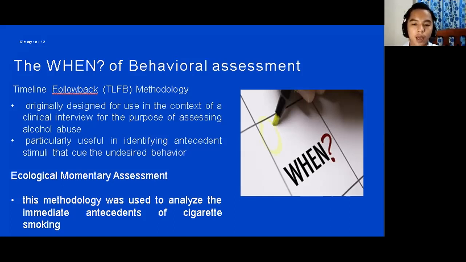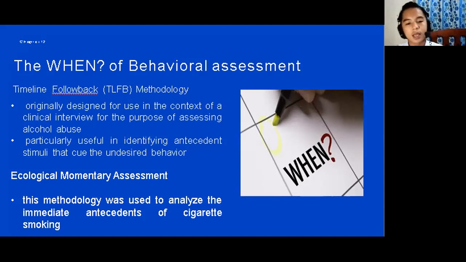So in that way, the clients will be aided thoroughly on how many and on the intensity of his drinking habit. And from this information, the assessment of the patterns of the targeted behavior emerge, and whether the client is abusive or not.